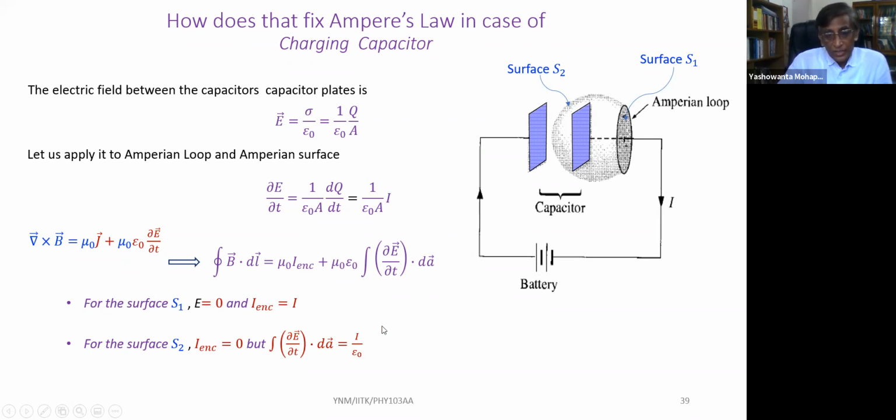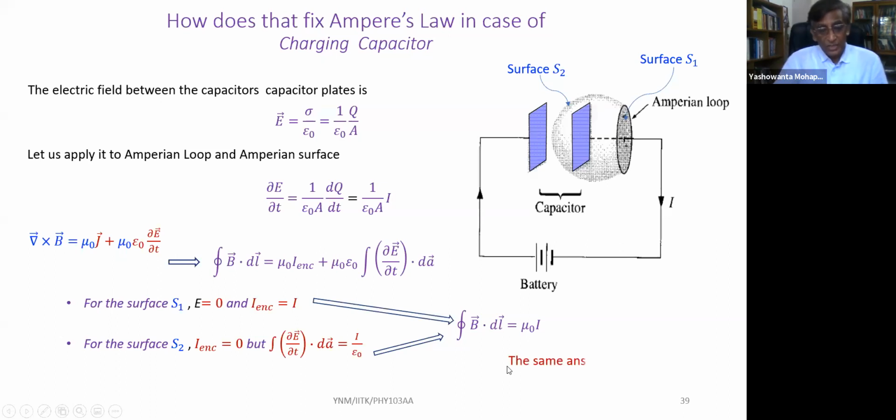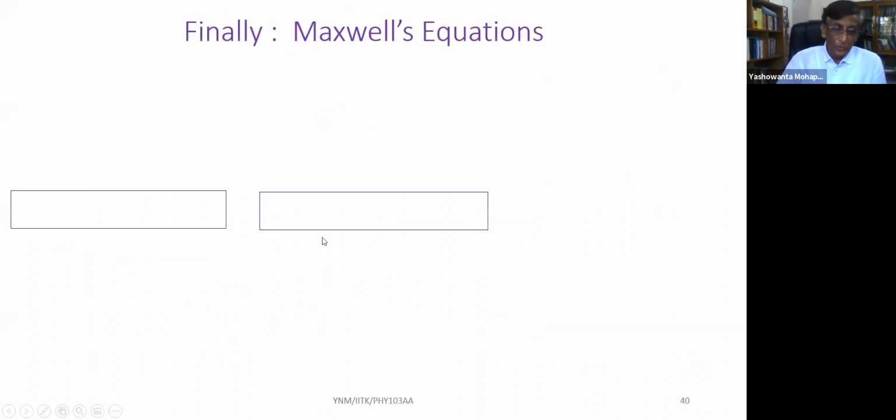Then in one case it is mu naught I, and in the other case epsilon naught cancels and we also get mu naught I. So it is absolutely consistent. By this method it is valid, and by the other method it is also valid. We get the same answer by both. So this physical situation is also consistent once we admit the extra term put by Maxwell into Ampere's law.